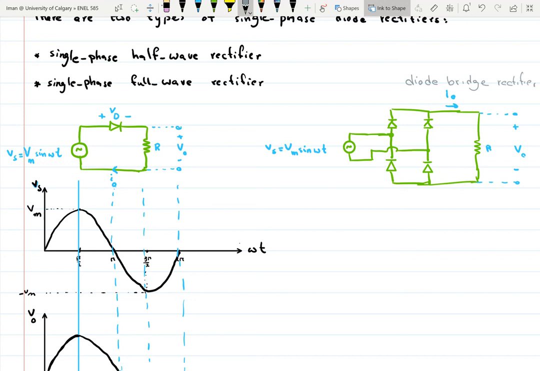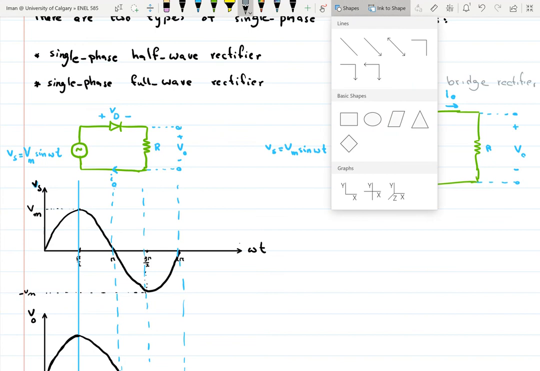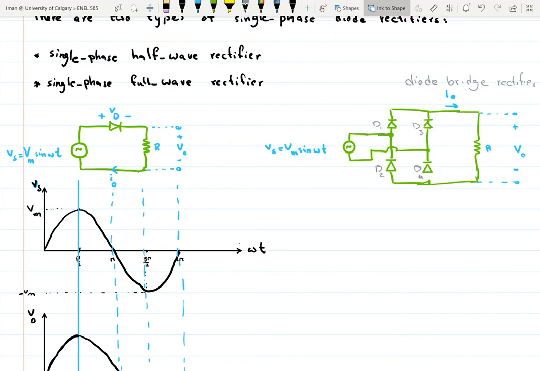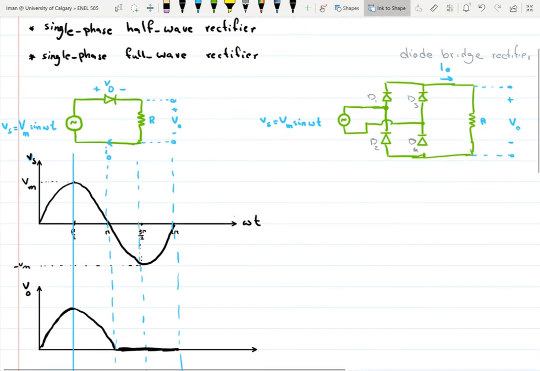So these four diodes constitute a diode bridge rectifier: D1, D2, D3, and D4. Okay, so let's draw the graphs for the full bridge rectifier in comparison to the half bridge.